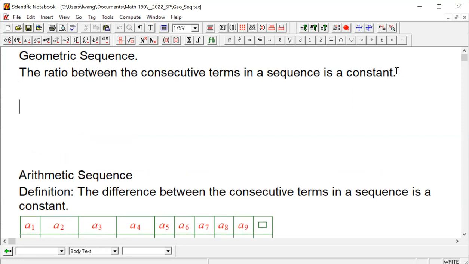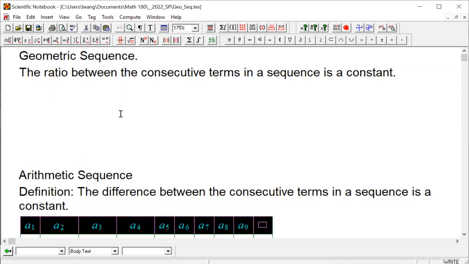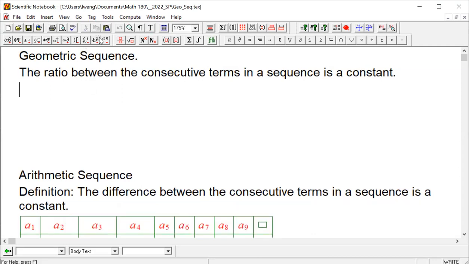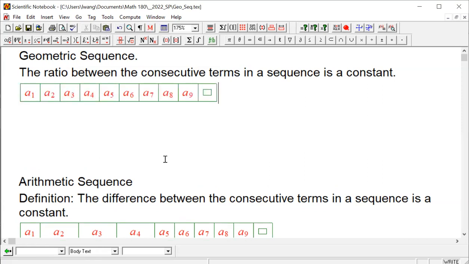What does it mean? Suppose we have a sequence, and this sequence of course has many terms.